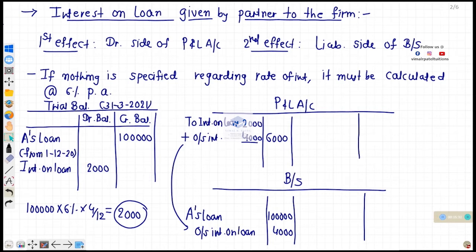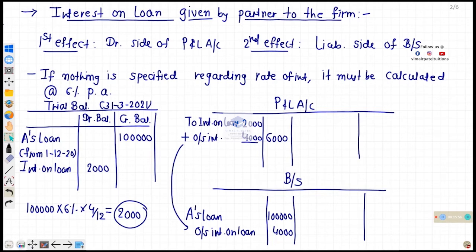And if it is already given 2000, then there will be no adjustment effect because it has already been given. But if this amount is not given in trial balance, then first effect on the debit side of P&L account, outstanding interest on loan, and second effect, outstanding interest on loan, liability side.